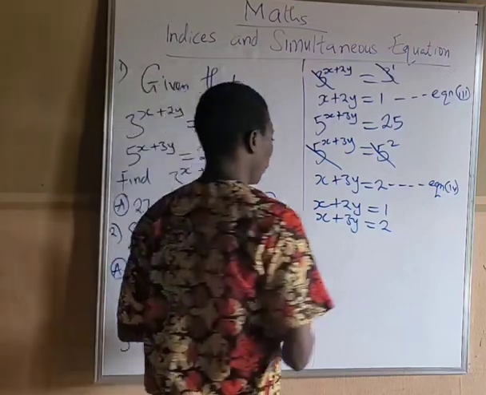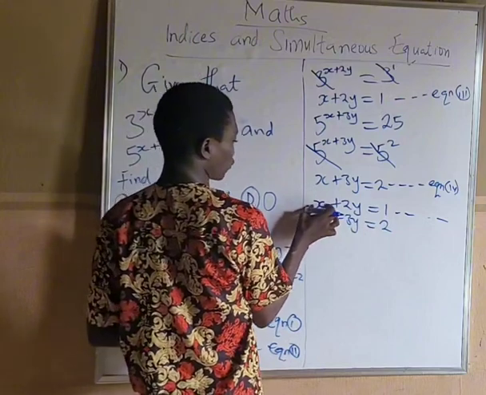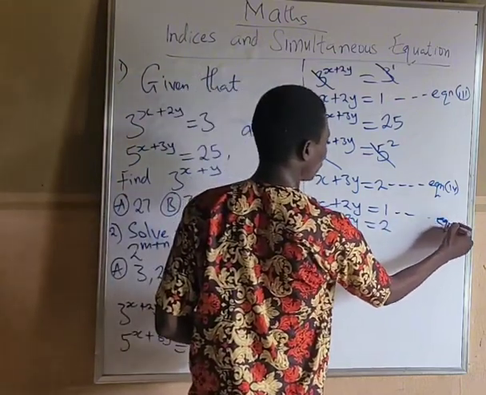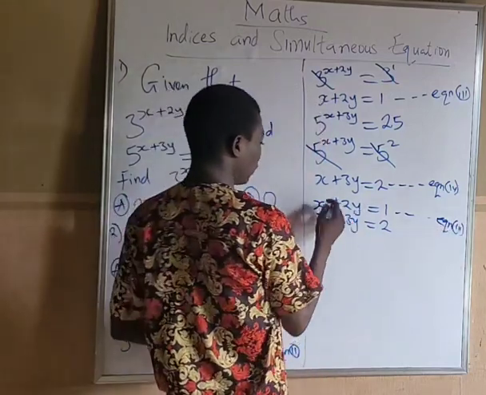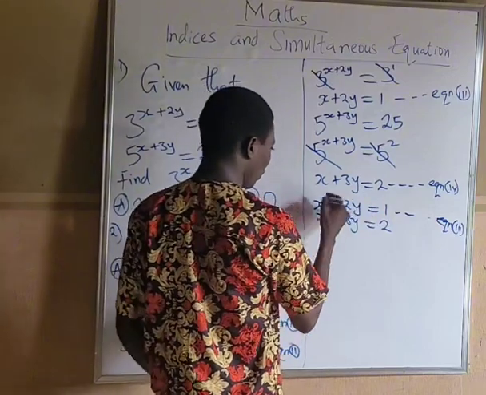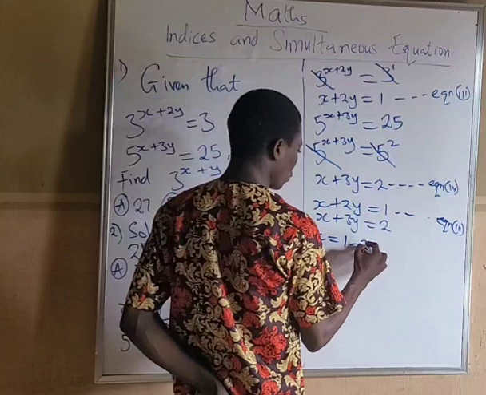Okay. Now for the substitution method, from equation 3, I will make x the subject of the formula. Then, if you make x the subject of the formula, substitute it into equation 4. Now from equation 3, we have x equals 1 minus 2y.